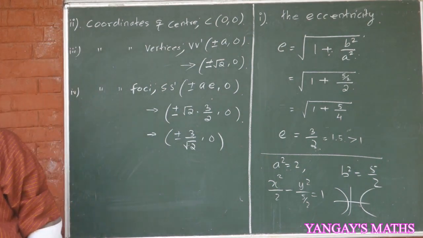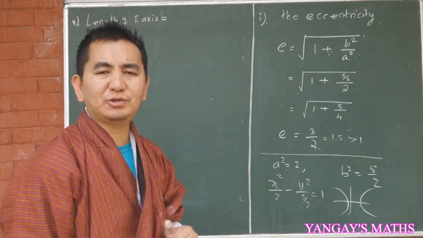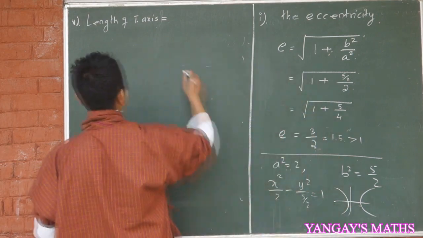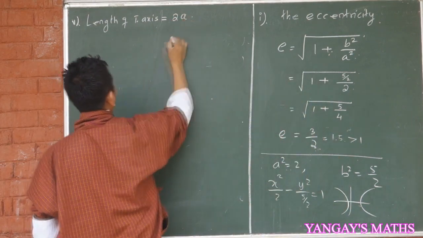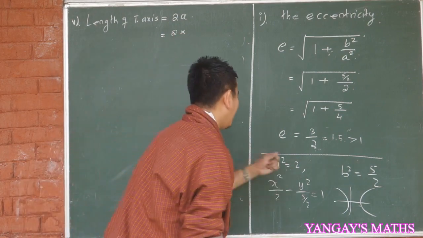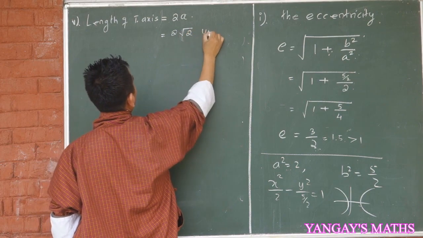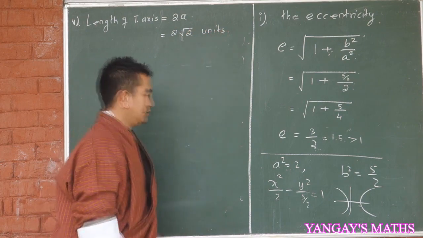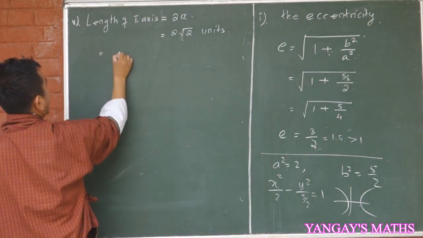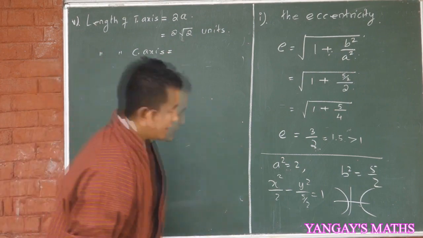Next, number 5, what's the length of the transverse axis? The transverse axis is along the x-axis, and its length is equal to 2a units, which is 2 times the a value. The a value is root 2, that means 2 root 2 units. Right? A square is 2, a value is root 2. Then the length of the conjugate axis.